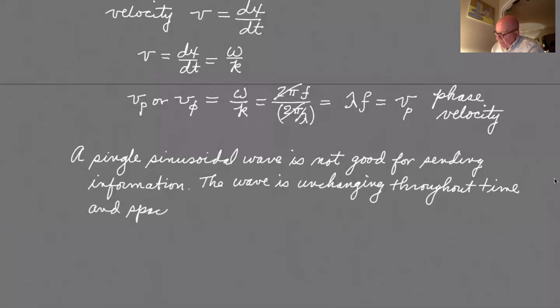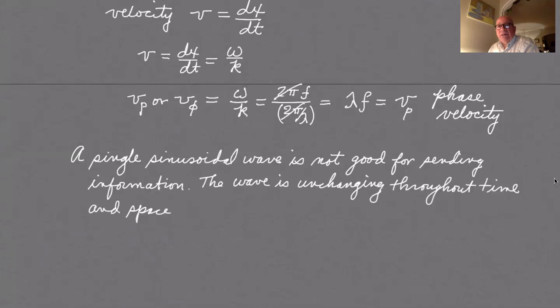As a matter of fact, if you imagine you have a sinusoidal wave detector and you are detecting this wave, you will detect the same wavelength and the same frequency and the same amplitude forever.